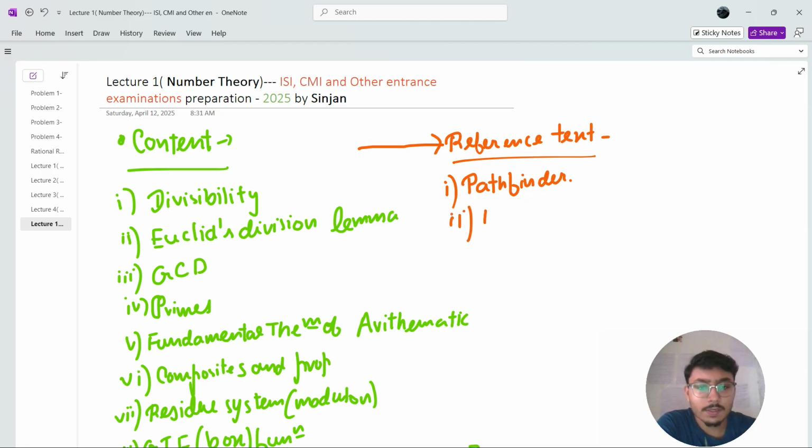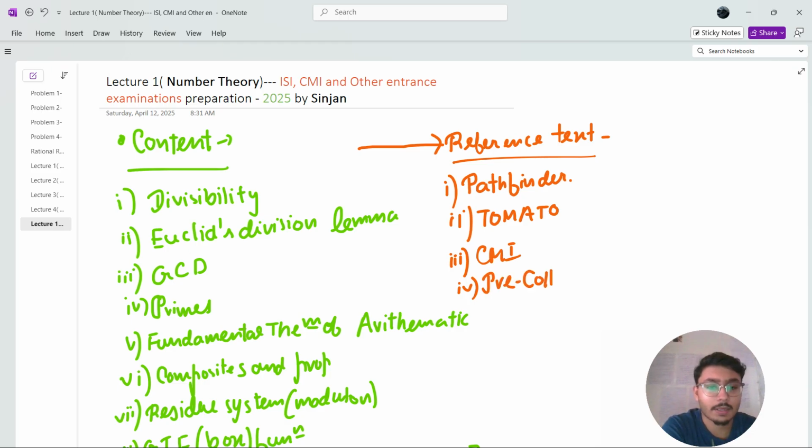Number two is, as usual, my tomato. Number three is my CMI PYQ. That's my CMI tomato. Number four is your pre-college mathematics for greater depth and clarification of all concepts. Pre-college mathematics by New Age Publications.